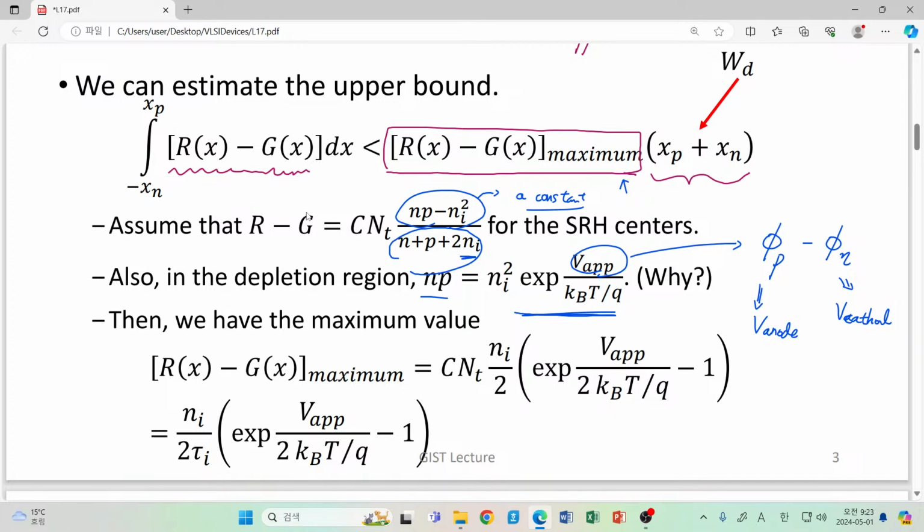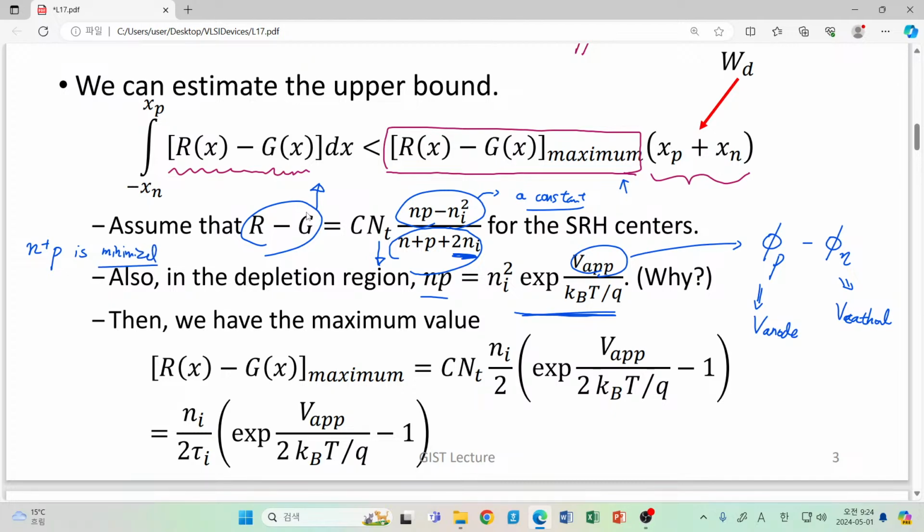This is a constant, and in order to maximize the overall net recombination, we have to minimize this term. So what we have to do is find the position where the sum of electron density and hole density is minimized.